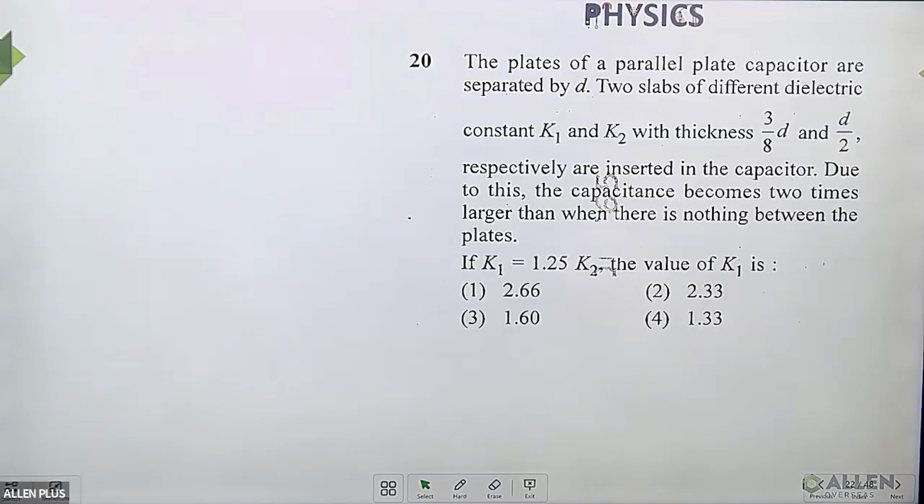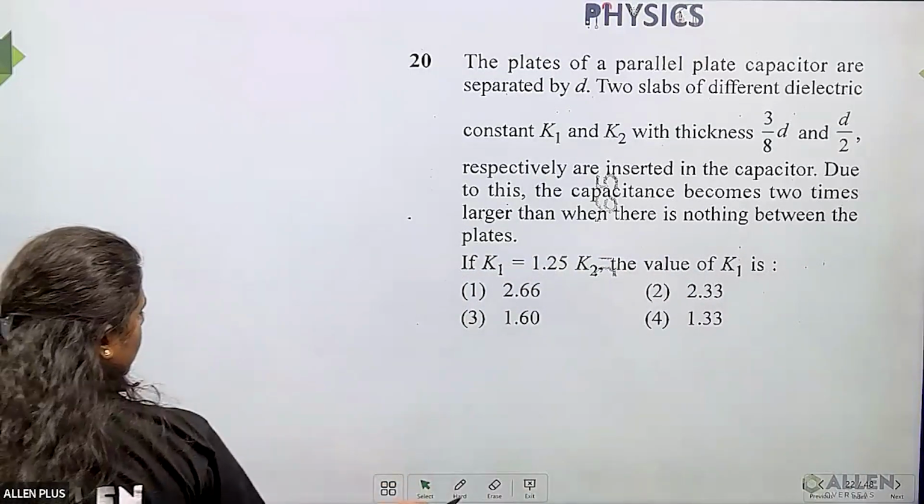The plates of a parallel plate capacitor are separated by d. Two slabs of different dielectric constants K1 and K2 with thickness 3 by 8 d and d by 2 respectively are inserted in the capacitor. Due to this, the capacitance becomes two times larger than when there is nothing between the plates. If K1 is equal to 1.25 K2, what is the value of K1 is the question.